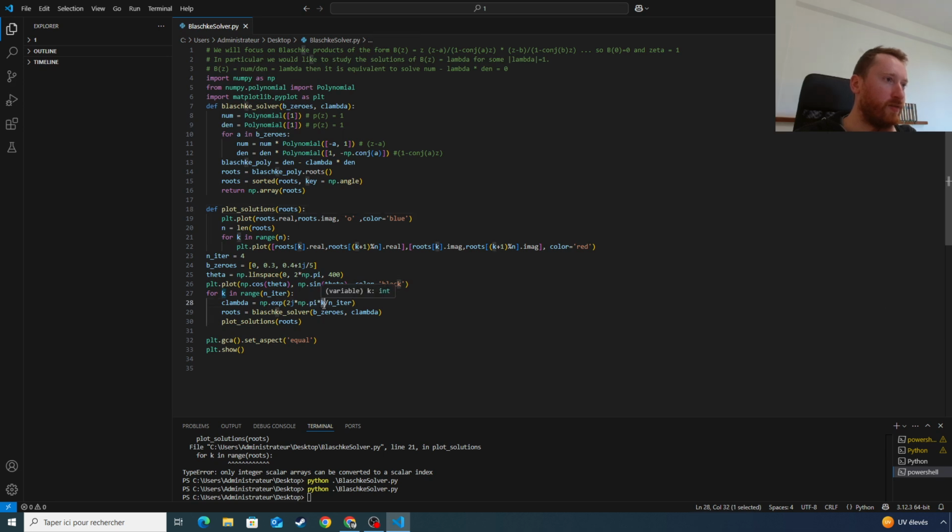Here, it's fine. Roots c lambda, we loop over it, yes. Range and iter. That's fine too. And p roots, yes. Plus 1.